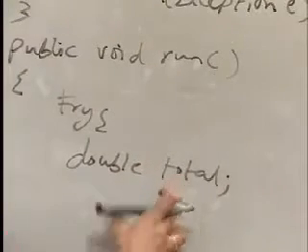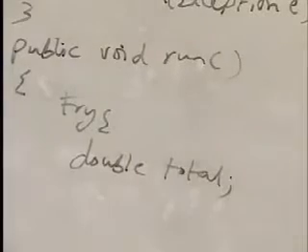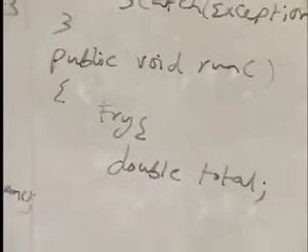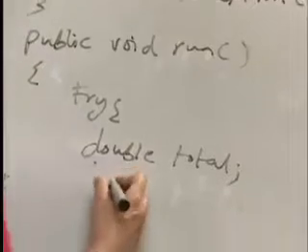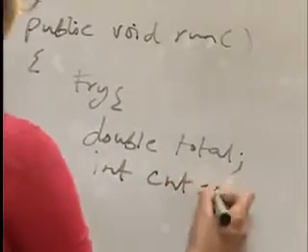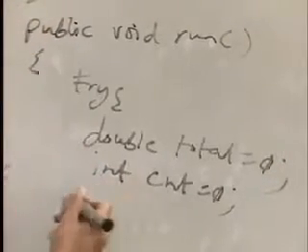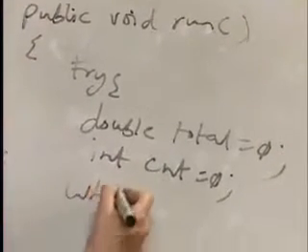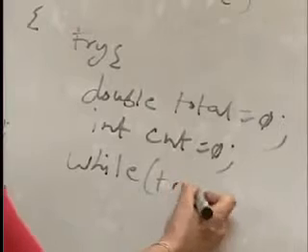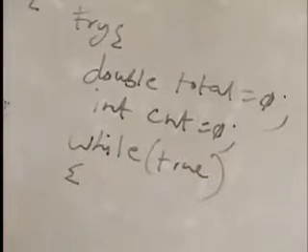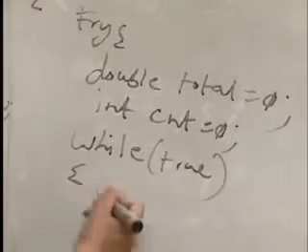So double total, because we need to find out the average of all the numbers that we are getting. We need a counter. In the while true loop, keep receiving the value from the stream and calculate the average and display.